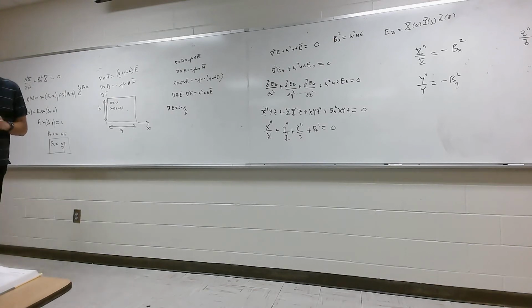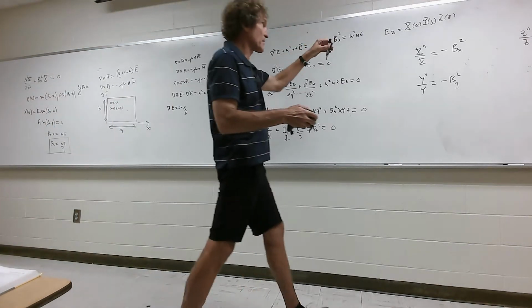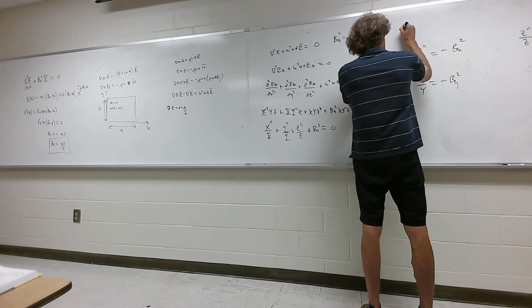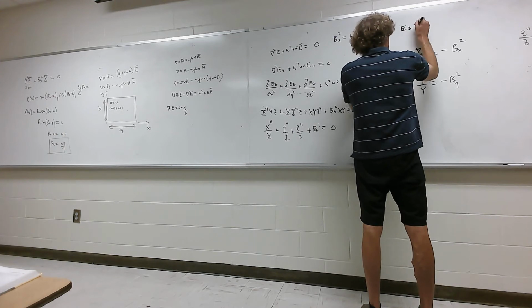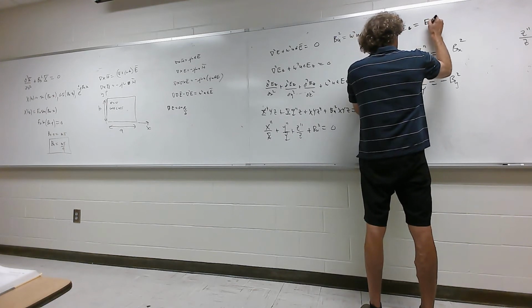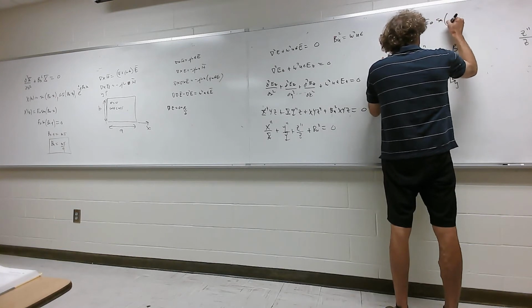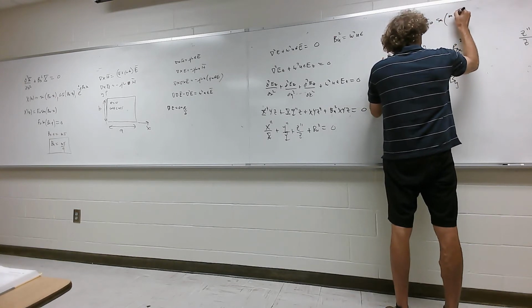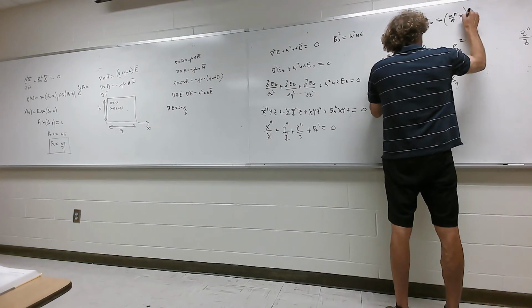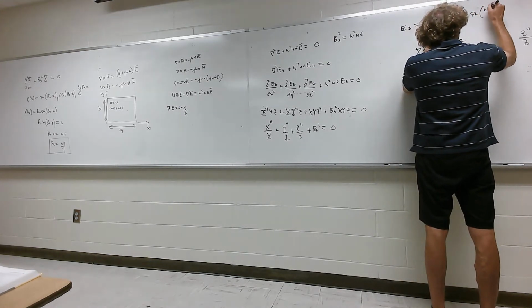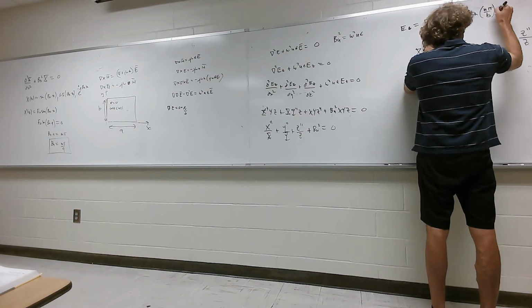So at the end of the day, what you're going to find out up here for Ez is that it is going to have this form. It's going to be some E naught, that's just a scalar value. It's going to be the sine of m pi over a times x. Then it's going to be the sine of n pi over b times y.